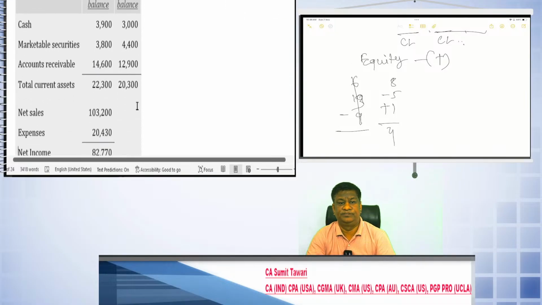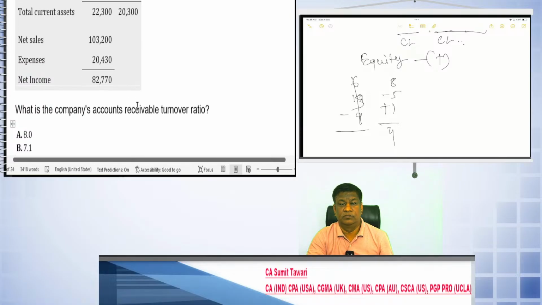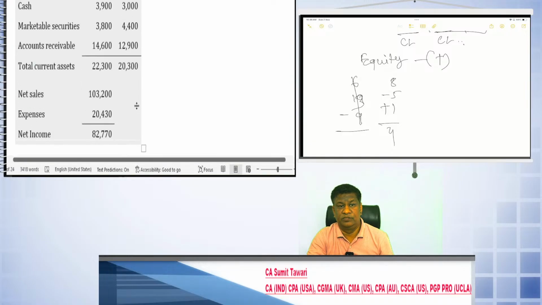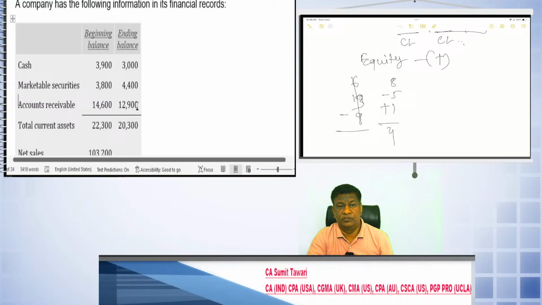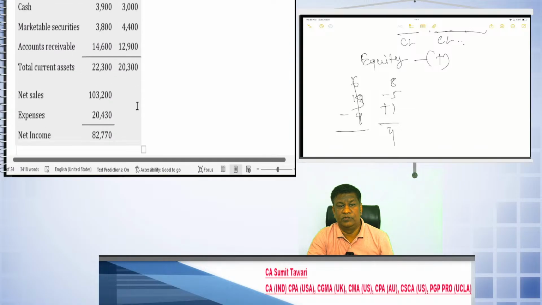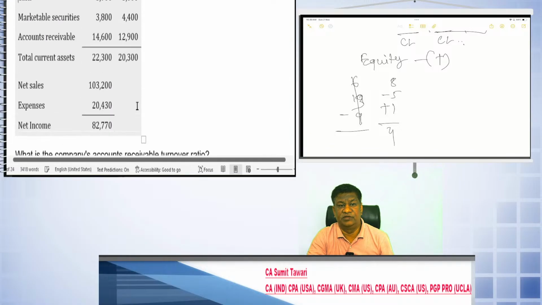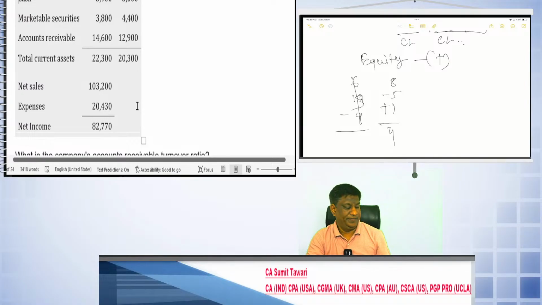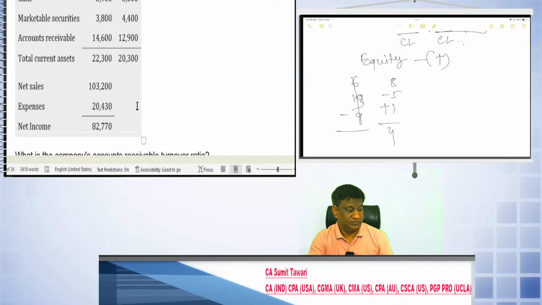Next. Accounts receivable turnover ratio. So this information is sufficient. Sir, we have to take the average of accounts receivable. Yes.